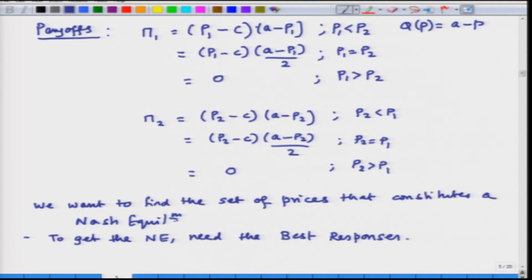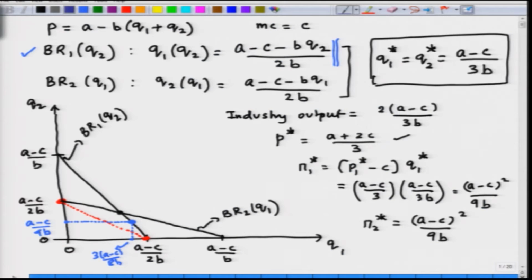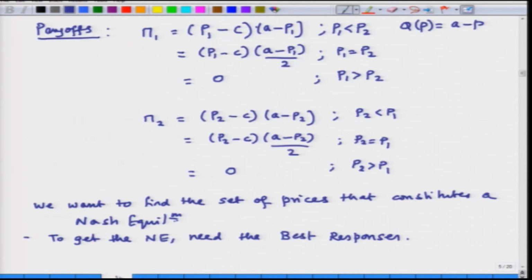Unlike the Cournot model, where we had profit functions which were continuous everywhere, we could simply take the derivative of the profit functions and draw these best response functions. Here, because of the discontinuity, when P1 is less than P2 the profit takes a particular form, and when P1 is greater than P2 it becomes 0, it is not very convenient to take derivatives and draw the best response functions.